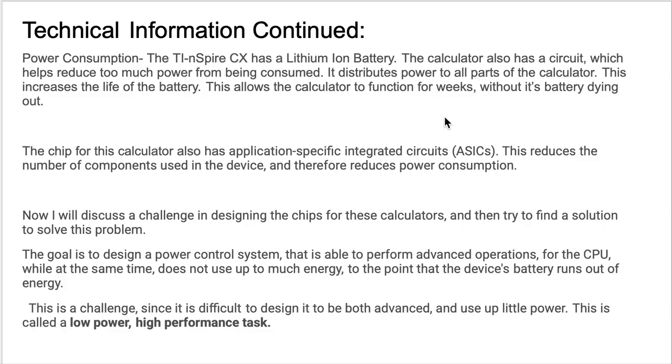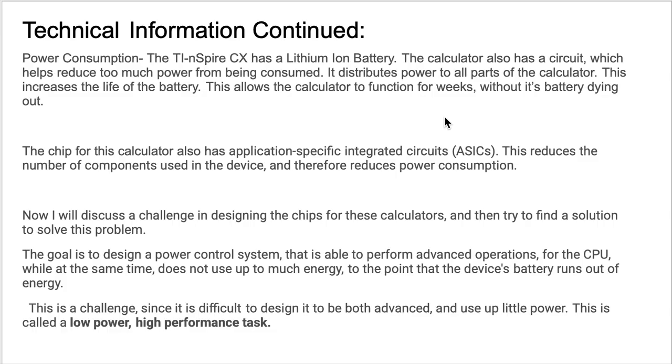The way it does this is that it distributes the power to all parts of the calculator, and therefore each component of the calculator consumes some power, but not so much. If power were consumed at only one part of the circuit, there would be too much power consumed.